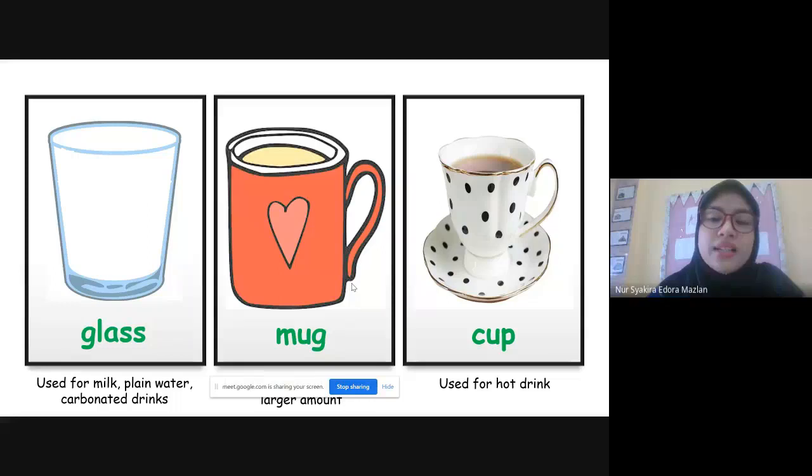We have glass, mug, and cup. Cup is used for hot drink, mug is used for hot or cold drinks, and glass can be both. Normally people use glass for cool water. Yeah, you all done?